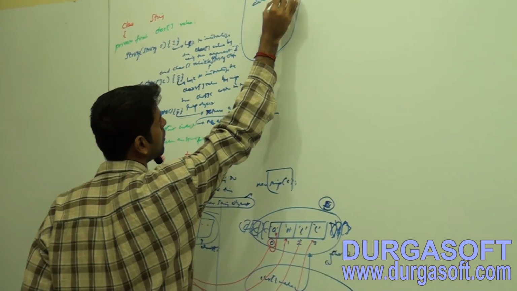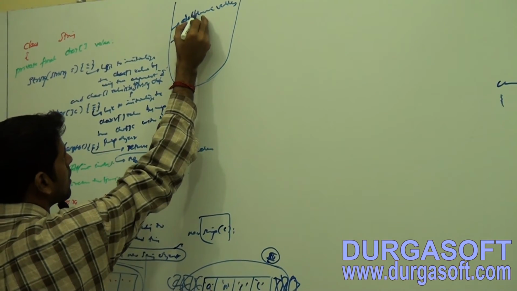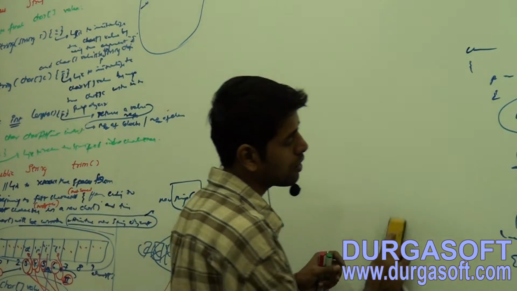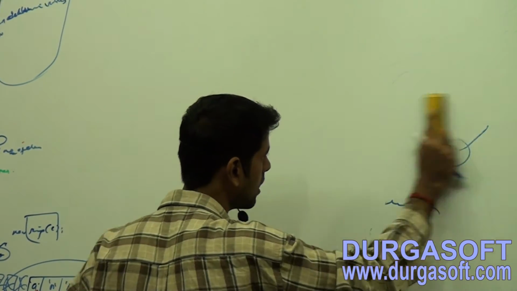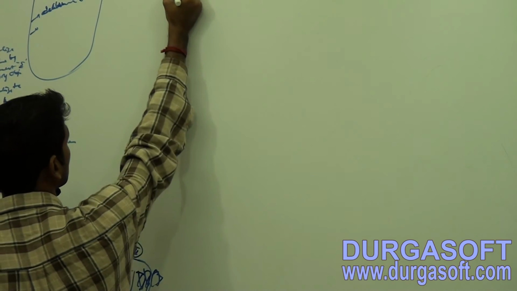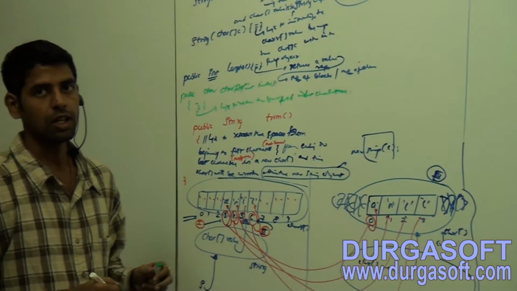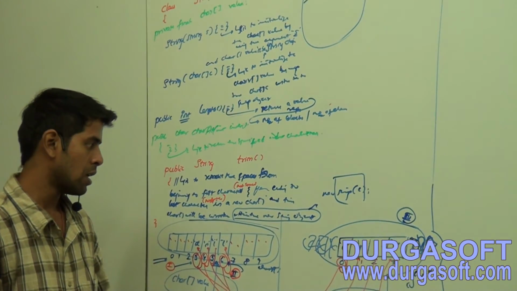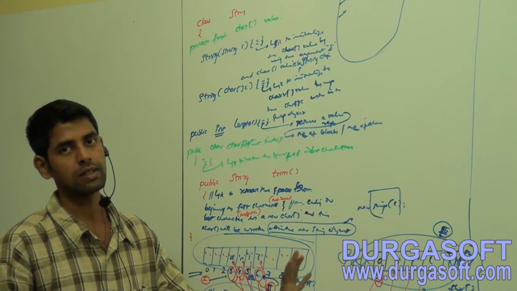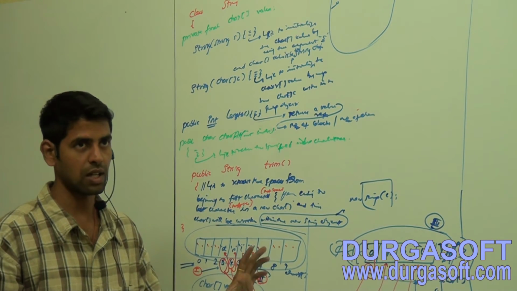Now let's take a class called A, friends. We are going from scratch. That's why I have written all of this memory representation. This is very important for us to understand the code.